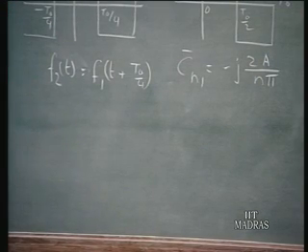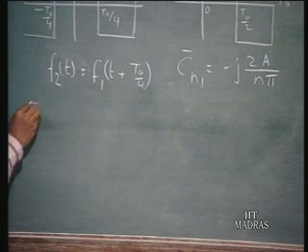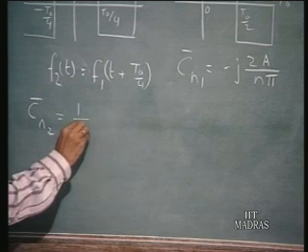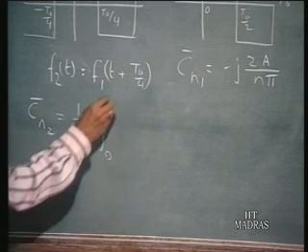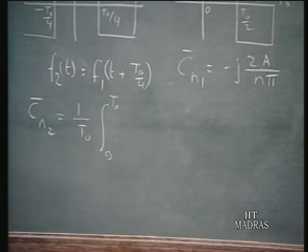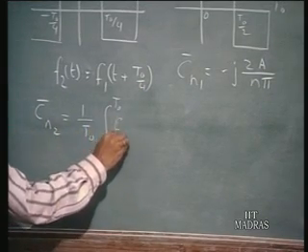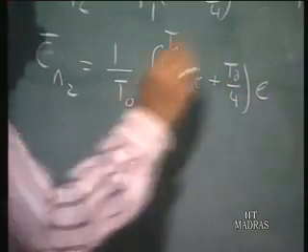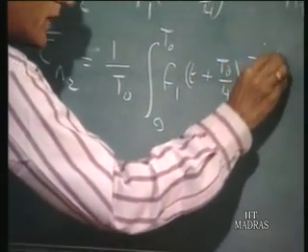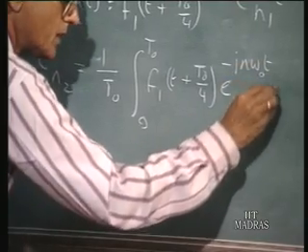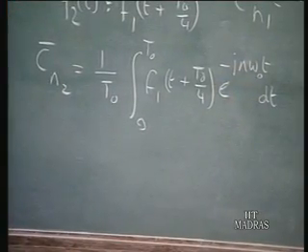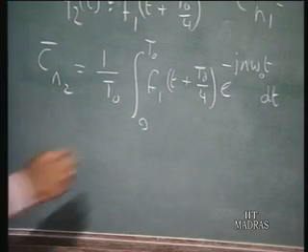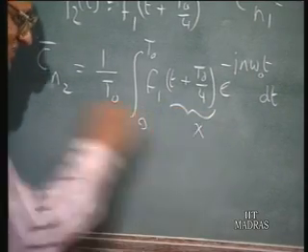Cn2, the Fourier coefficient for f2 of t, will therefore be 1 over t naught, integral from 0 to t naught, of f2 of t, which is f1 of t plus t naught upon 4, times e power minus j n omega naught t dt. Now, in order to relate Cn2 with Cn1, let us make the identification that t plus t naught upon 4 equals x.